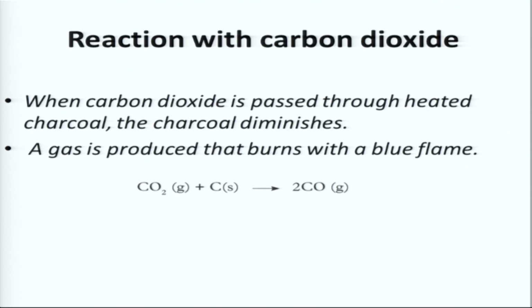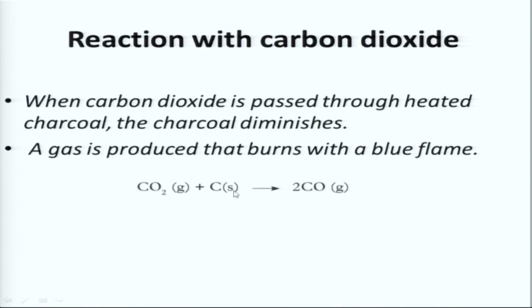Now, reaction with carbon dioxide. What happens when I take this carbon dioxide I've got and react it with carbon? When carbon dioxide is passed through heated charcoal, the charcoal diminishes. A gas is produced that burns with a blue flame. What does this mean? It means I have charcoal burning, continuing to burn in oxygen.